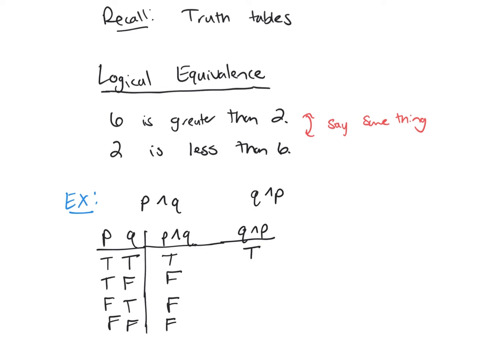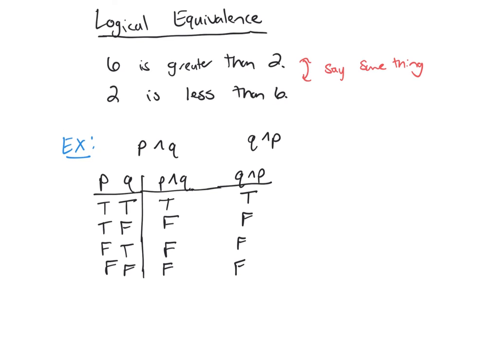So you get true, false, false, and false. So notice here that if I look at these 2 columns in the truth table, these columns are the same. They're identical.